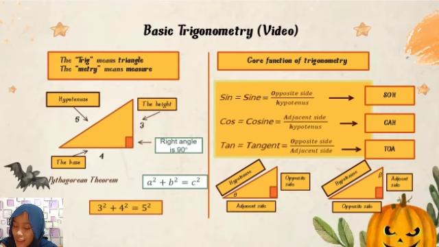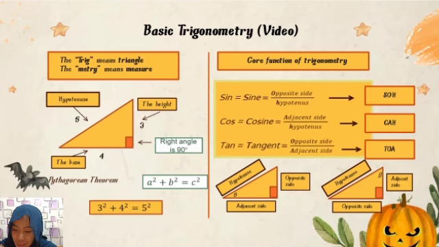And tangent equals opposite side over adjacent side, to be toa. There is a picture of sine, cosine, and tangent.